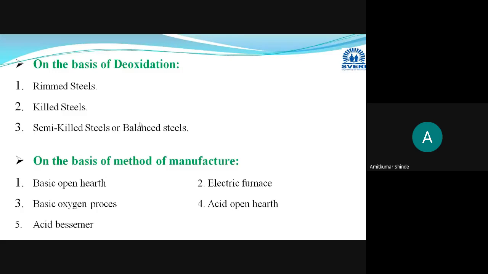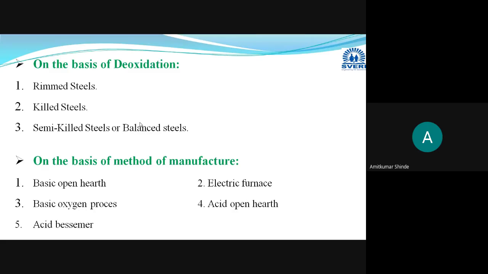In this way we are killing whichever blowholes are there by the addition of deoxidizing agents. That's why it is termed killed steel. Here we have killed the blowholes by adding deoxidizing agents like aluminum, manganese, and silicon, with the help of their respective materials like ferrosilicon and ferromanganese.